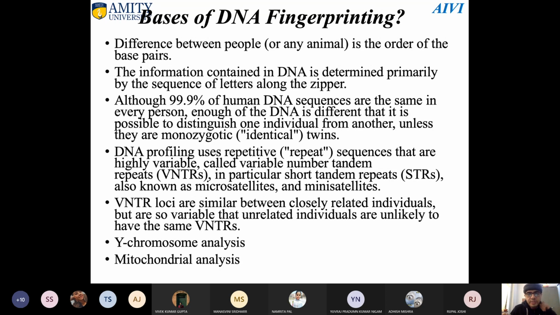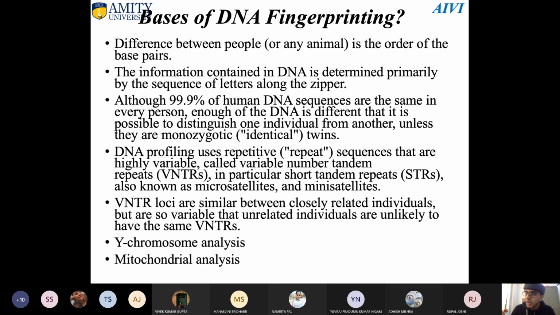So this difference that we are saying is very small, but in principle it comes out as a very large difference. Your DNA fingerprinting is playing on this difference. It is enough to distinguish one individual from another. The only exception is monozygotic twins, or identical twins, because there is no difference.